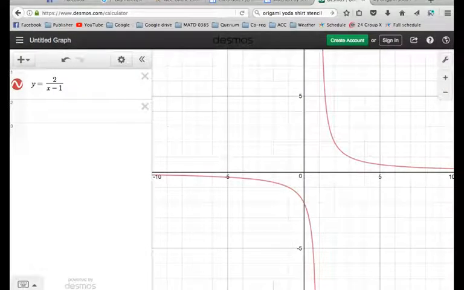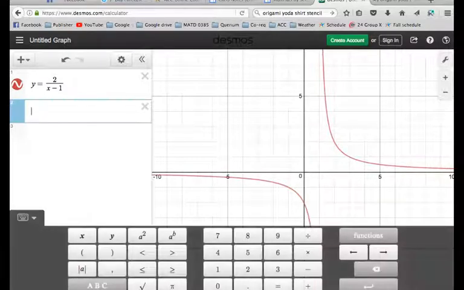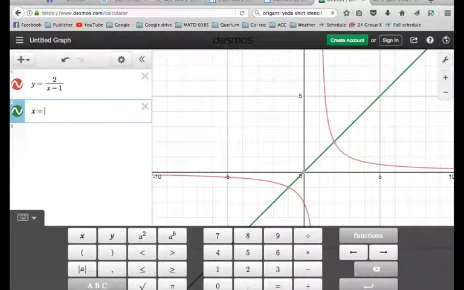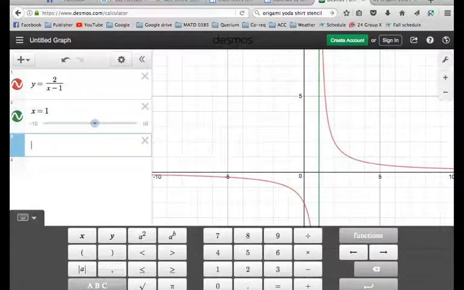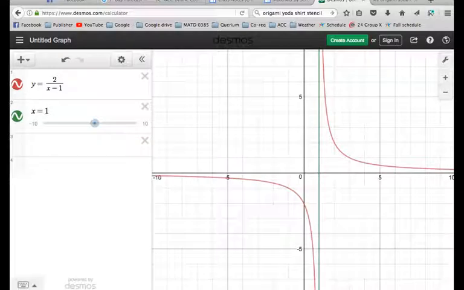Coming over to Desmos.com just for a moment to look at this graph, I can see that it does look plausible if I plot x equals 1 on here. I can see that that does look like where the vertical asymptote is on this graph.